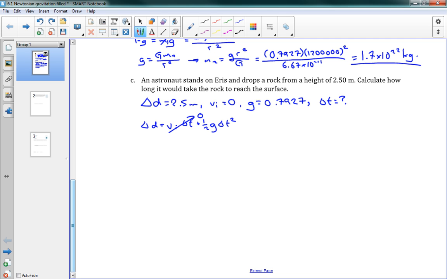So if I rearrange, I get delta t squared is equal to 2 delta d over g, which means that delta t is the square root of that, 2 delta d over g. So the square root of 2 times 2.5 divided by 0.7927, and this gives us a value of 2.5 seconds. That's how long it would take to fall. So you see, we can just use g like we would on Earth. It just has a different value now.